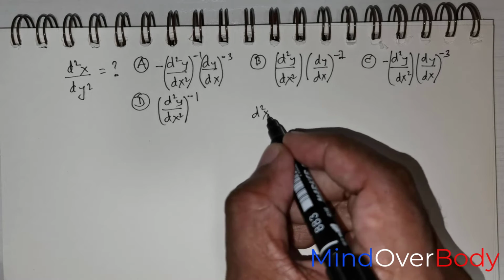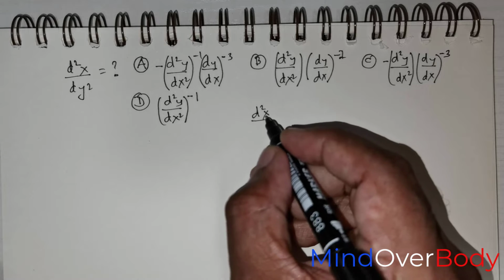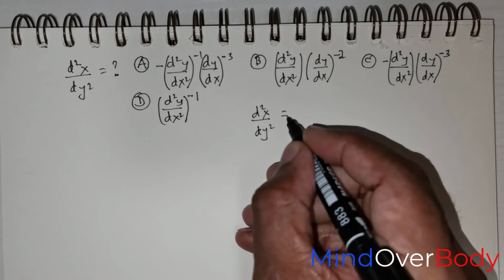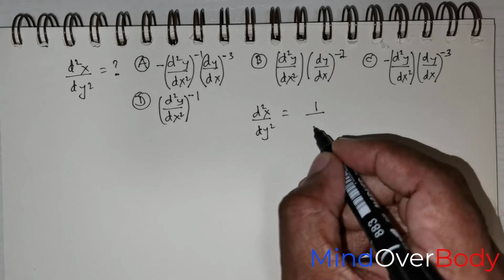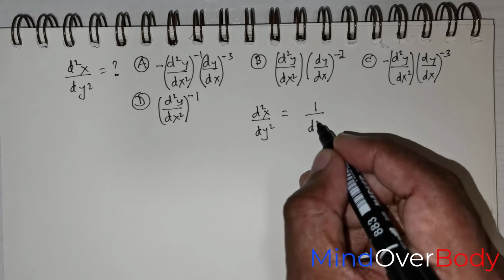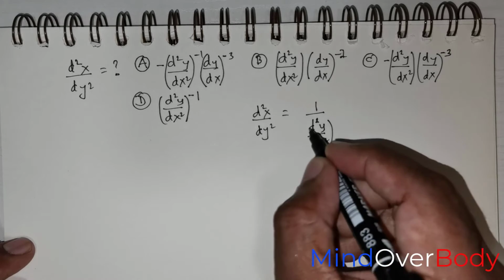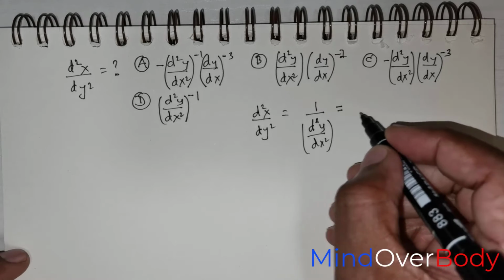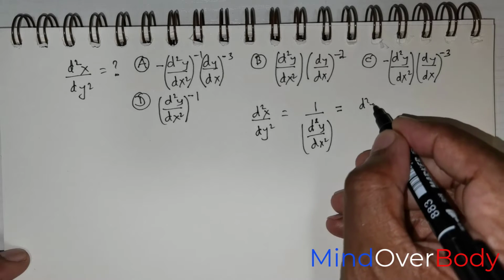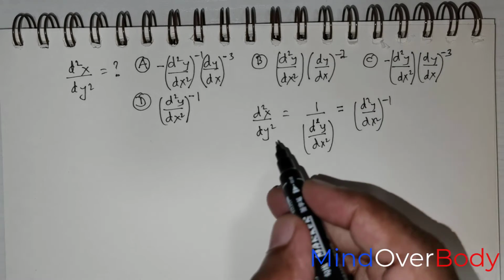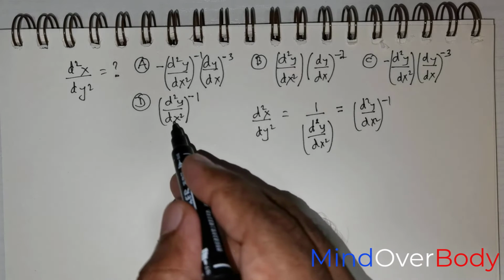If you were to give the representation for d squared x over dy squared as 1 over d squared y over dx squared, this is nothing but d squared y over dx squared raised to the power of -1. So this is exactly what they have written there.